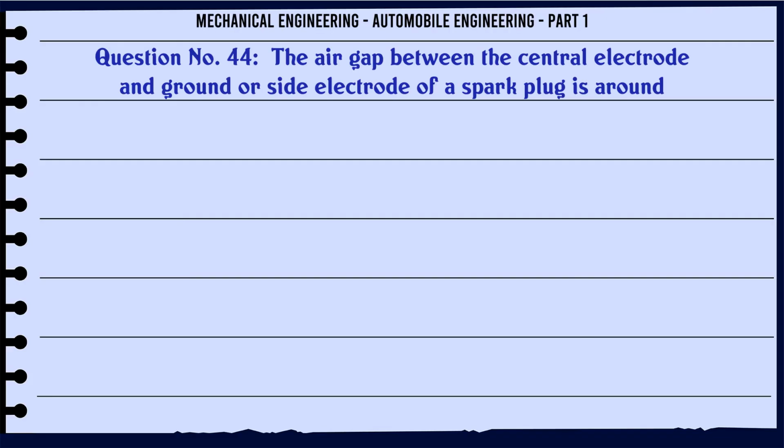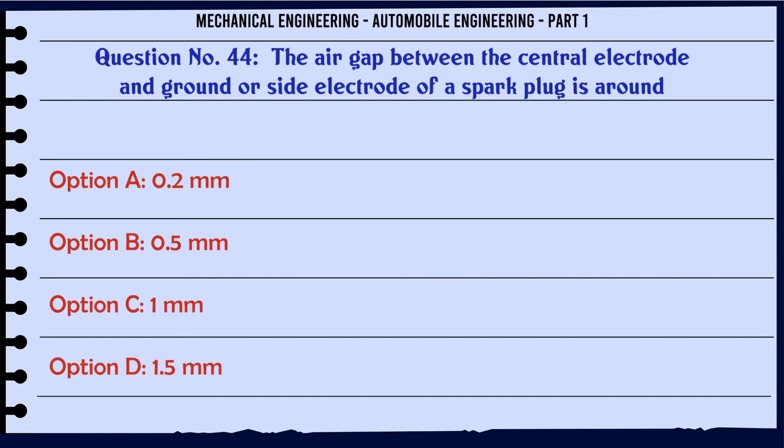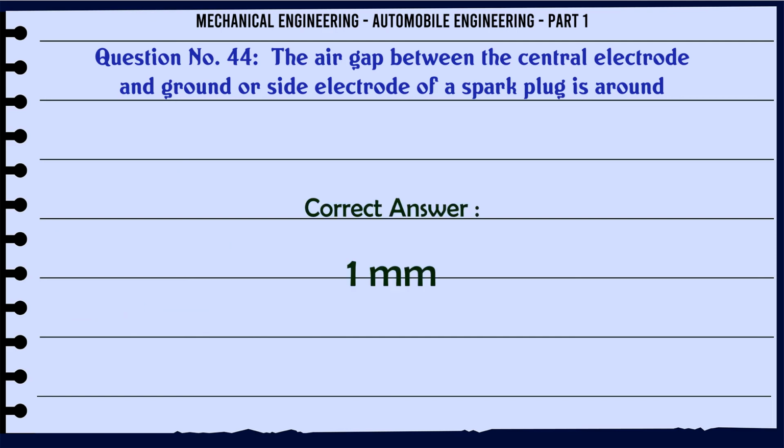The air gap between the central electrode and ground or side electrode of a spark plug is around: A. 0.2 mm, B. 0.5 mm, C. 1 mm, D. 1.5 mm. The correct answer is 1 mm.